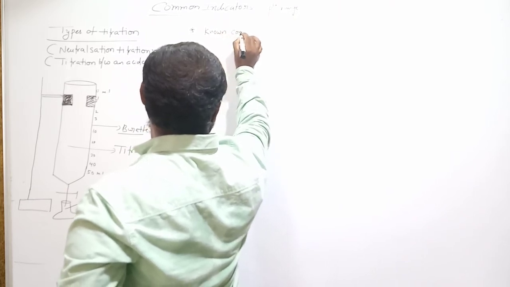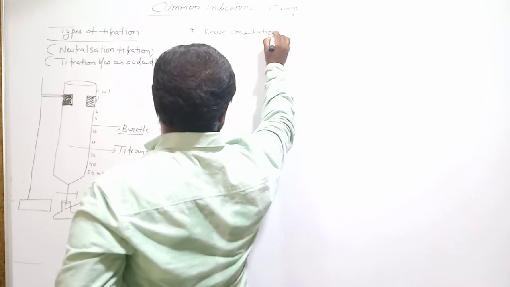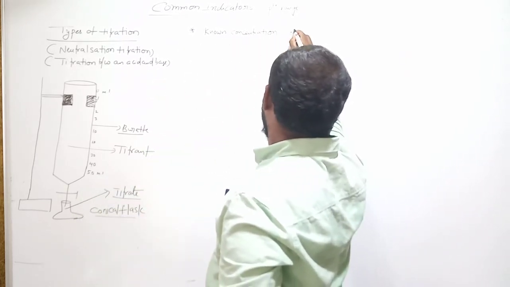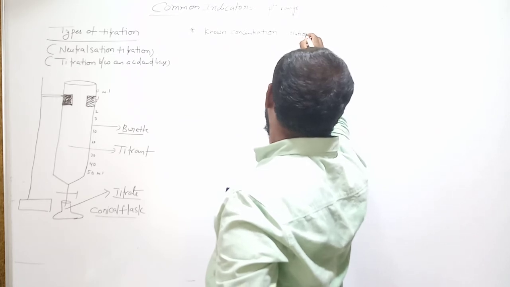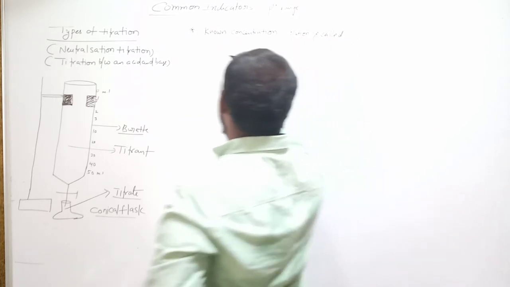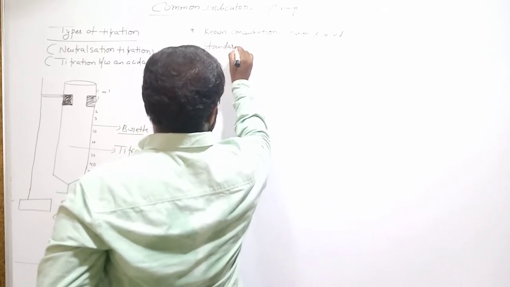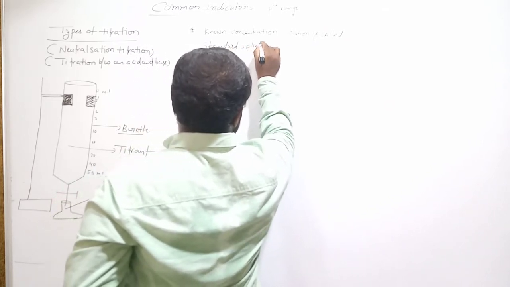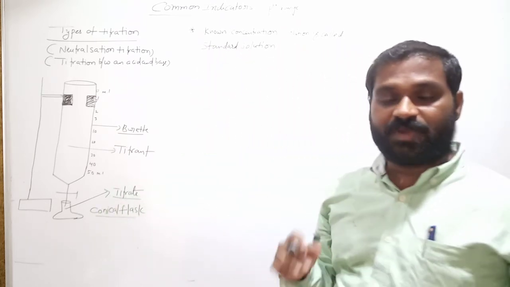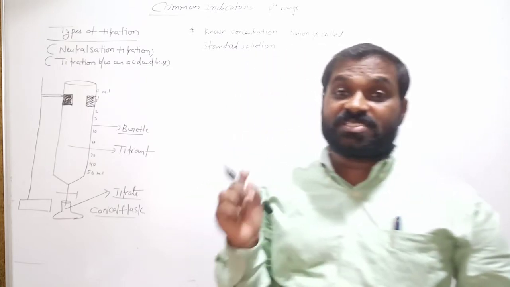A known concentration solution is called a standard solution. Standard solution means we have to prepare it and we know the concentration, that means the molarity. We fix the molarity.